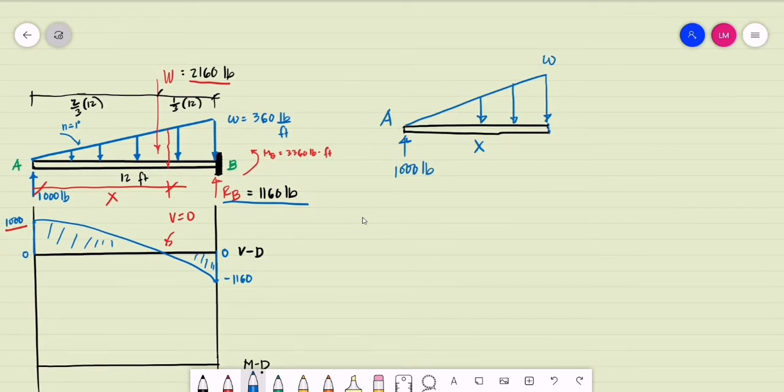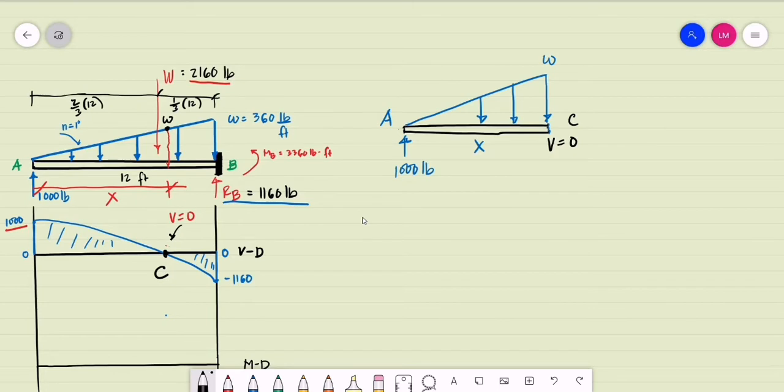So we cut the beam at a distance of x, at this point with the magnitude of shear equal to 0. Let's say this point of 0 shear, we name as point C. At point C, the magnitude of the shear is equal to 0. But if we proceed on our varying load, we don't know the magnitude of this varying load at a distance x.